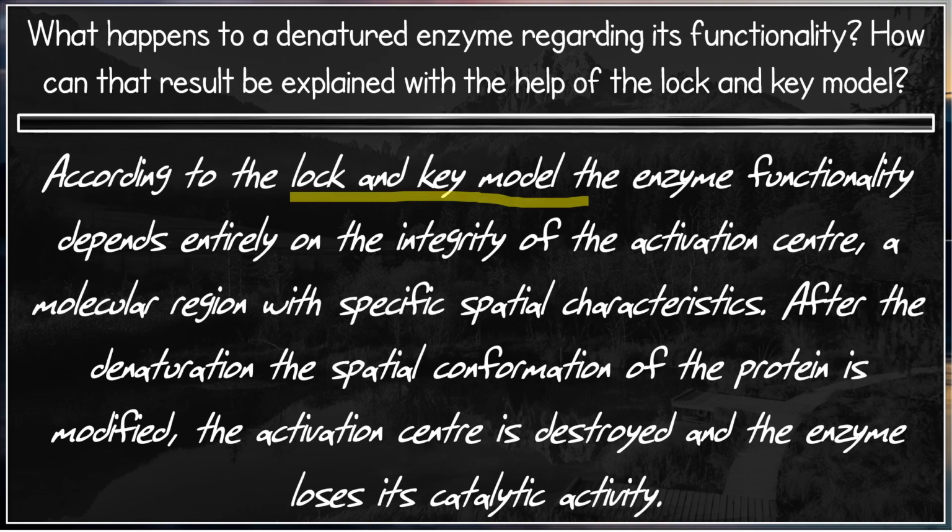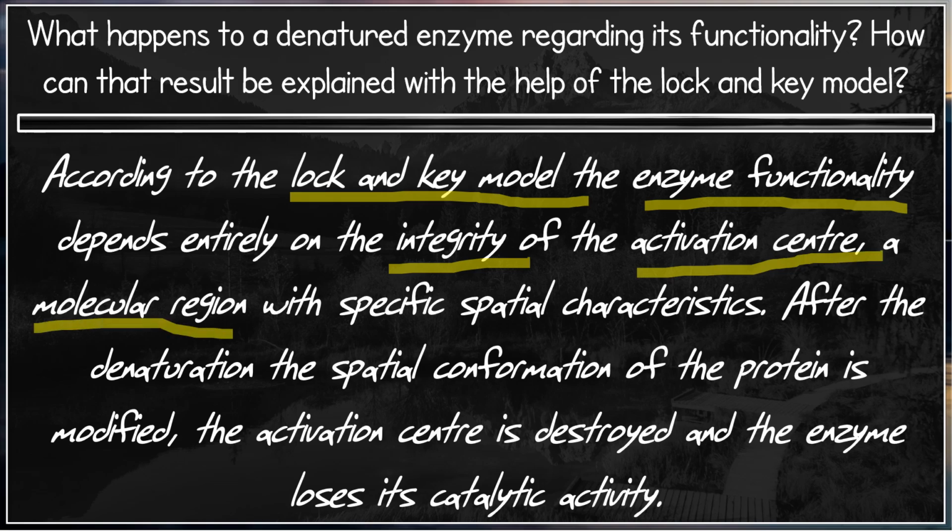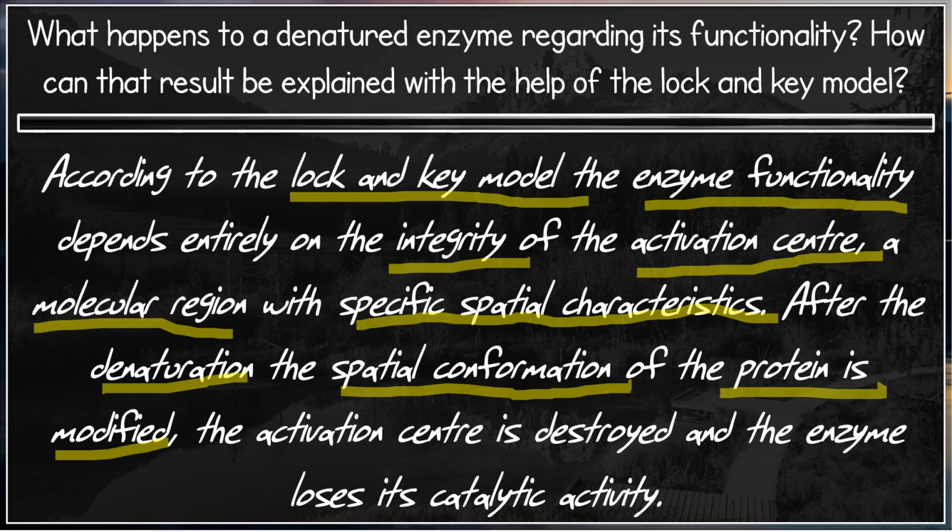According to the lock and key model, the enzyme functionality depends entirely on the integrity of the activation site or center, a molecular region with specific spatial characteristics. After denaturation, the spatial conformation of the protein is modified. The activation center is destroyed, and the enzyme loses its catalytic activity.